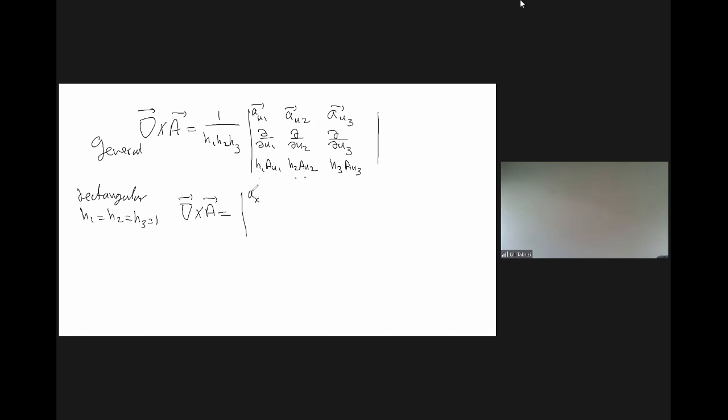It's a_x, a_y, a_z, then d/dx, d/dy, d/dz, then A_x, A_y, A_z. Eliminating the first row and first column, you have d A_z/dy minus d A_y/dz. That's component 1.